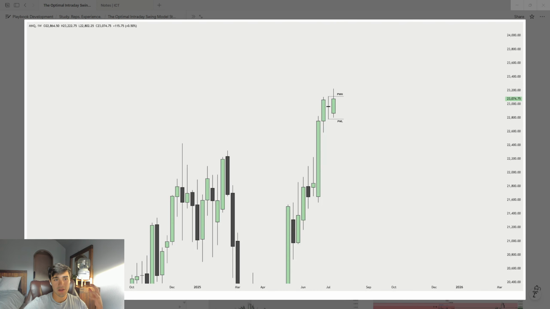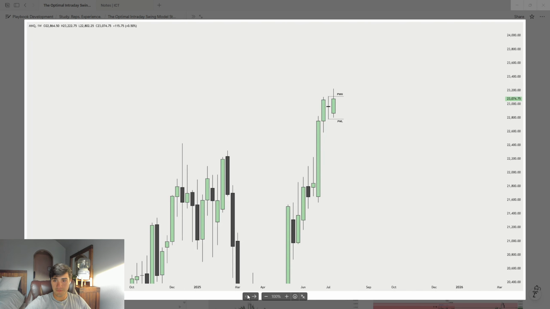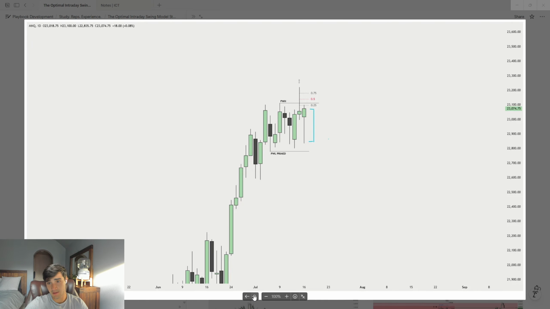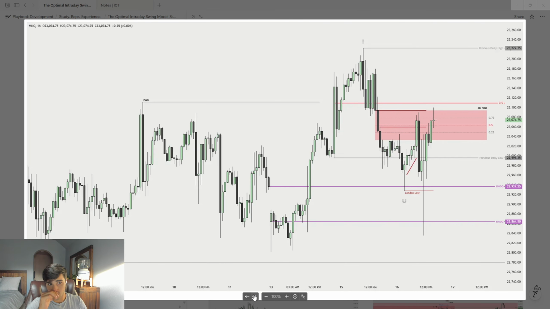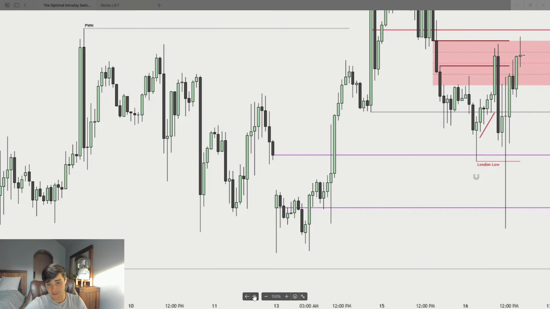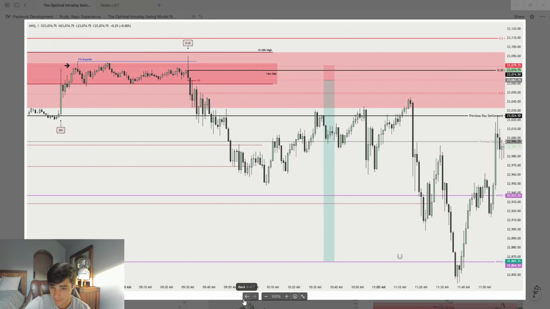I'm putting the logic, the why behind it, and I'm framing that setup from the weekly all the way down to the 1 minute. So I'm using these annotations, correct? Carrying them down from the weekly to the daily, to the 4 hour, to the 1 hour, to the 15, to the 5, to the 1.